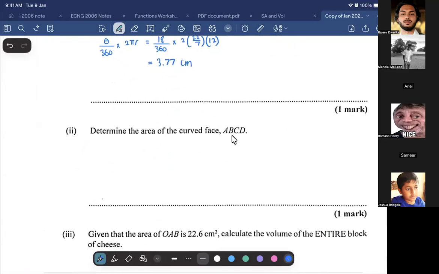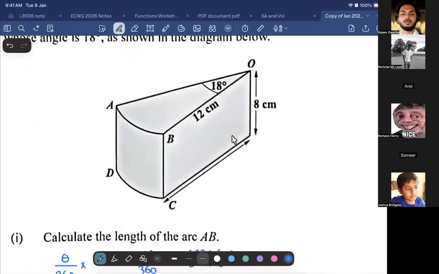Determine the area of the curved face ABCD. So they want us to figure out the area of ABCD. Now, Samir, you notice, what kind of shape is that? It has four sides. Anytime you see a shape with four sides, what's the name for that?